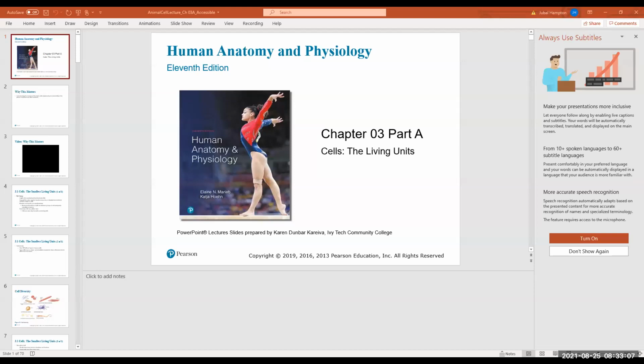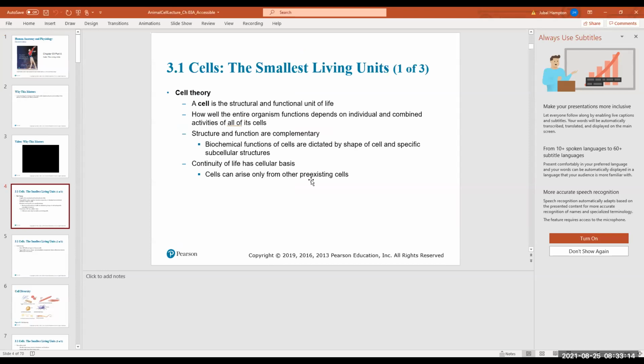All right, so we begin with the cells. And a cell is the structural and functional unit of life. How well the entire organism functions depends on individual and combined activities of all of its cells. Now, a cell essentially is a living entity.